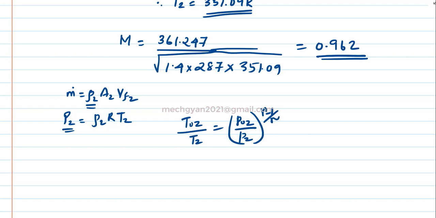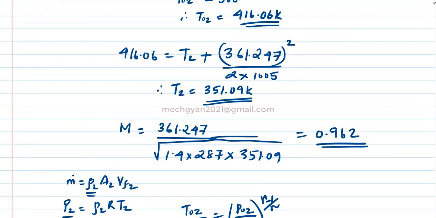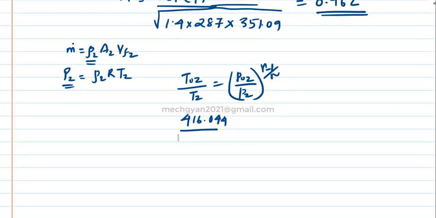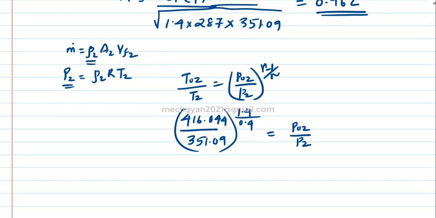T02 is 416.04 and T2 is 351.09, whole raised to 1.4 by 0.4, equal to P02 by P2.